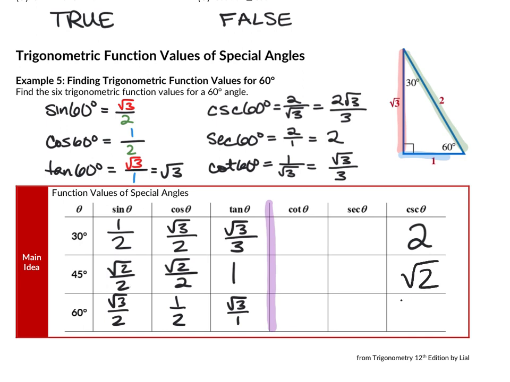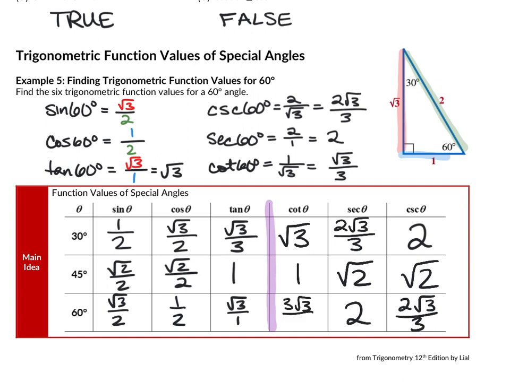And for 60 degrees, it's going to be the reciprocal as well. Secant is the reciprocal of cosine, again 2 square root 3 over 3, and then root 2, and then plain 2. Cotangent, the reciprocal is root 3, 1, and square root 3 over 3 when you rationalize that denominator.